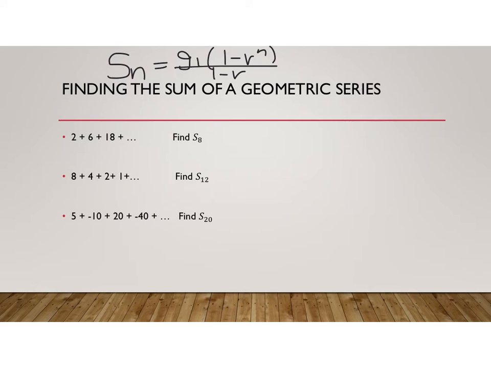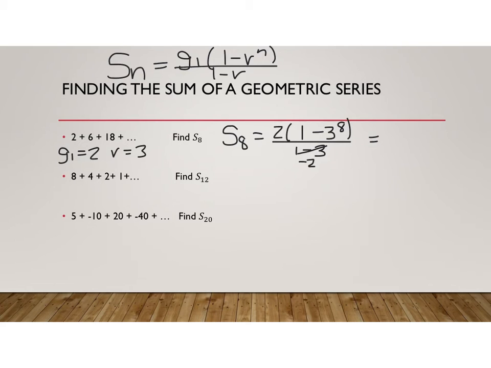So in the first example, your first term is 2, the ratio is 3, we're finding the sum of the 8 terms. So that's all you need to know. S of 8 is going to equal 2 times 1 minus 3 to the 8th power over 1 minus 3. Now, I like to do a lot of this mentally. 1 minus 3 is negative 2.